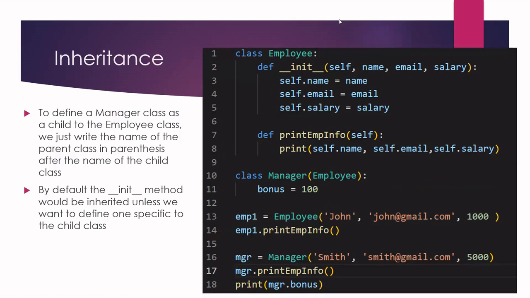Now everybody's going to remember what inheritance is. You have a parent class and a child class. That's right. What does that mean? What does it mean when you have a parent class and a child class?